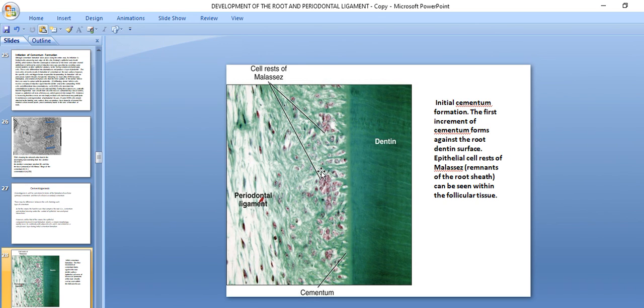This is referred to as the epithelial rests of Malassez. The region around the root apex, which is just forming, is rich in ectomesenchymal progenitor cells, from which fibroblasts, preodontoblasts, and pre-cementoblasts are derived.